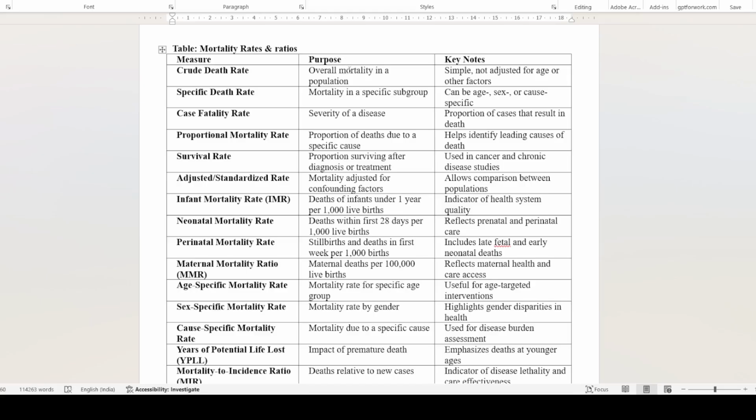What is the purpose, means what is the actual definition of this death rate, and keynotes means what are we considering, like a specific death rate can be age wise, sex wise, cause wise. Fatality rate can be the proportion of cases that are resulting in death. So this is a certain type of summary which can help you in exams.